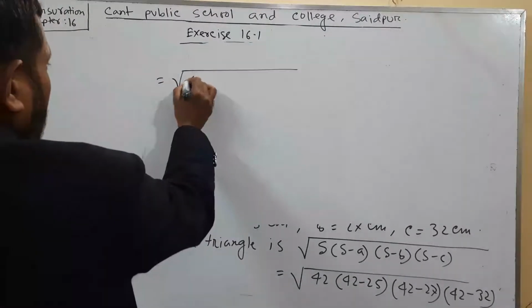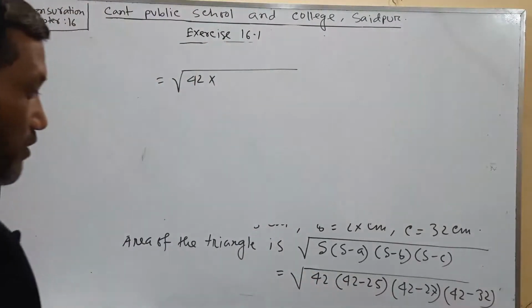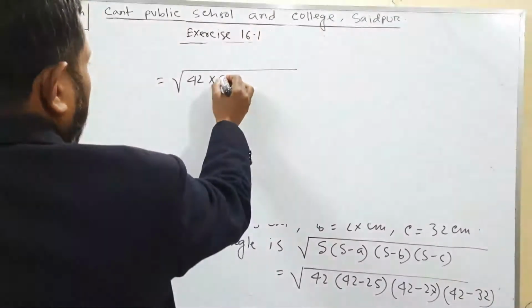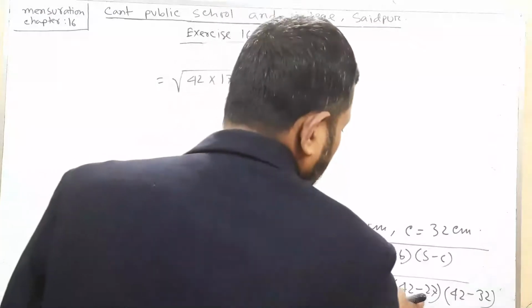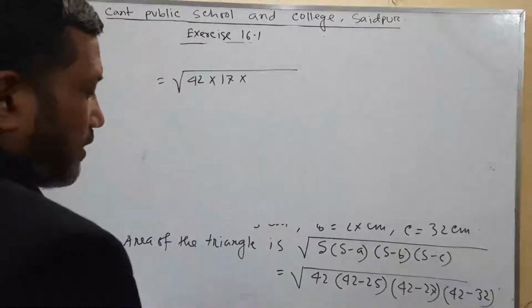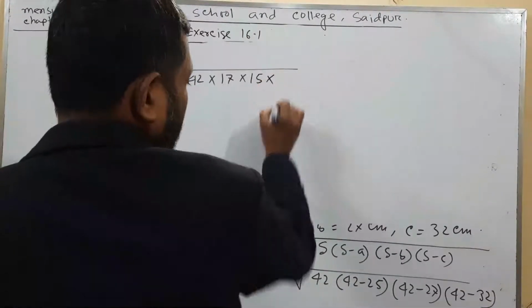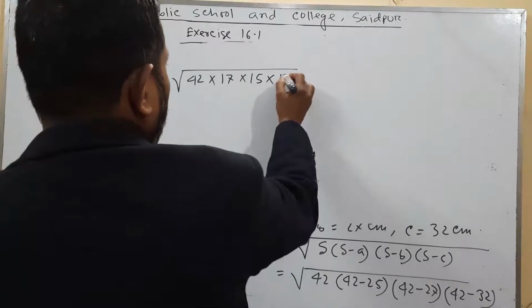42 minus 25, this will be 17. 42 minus 27, I think this will be 15, and 42 minus 32 is 10.